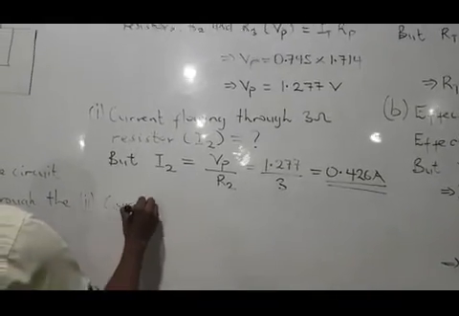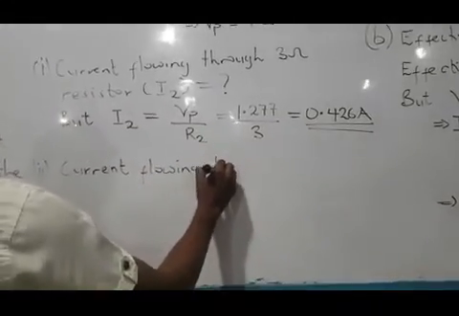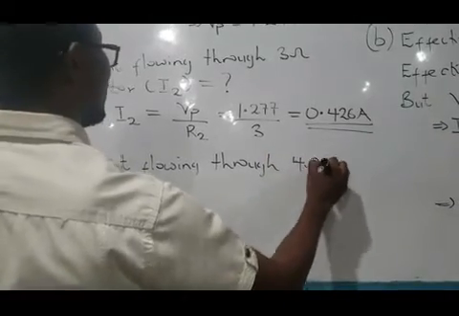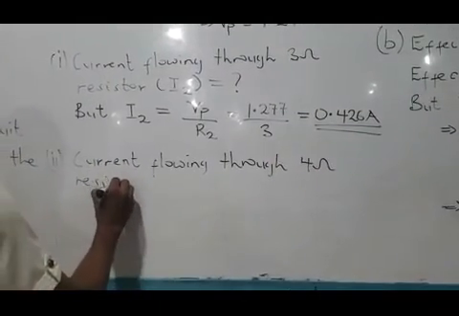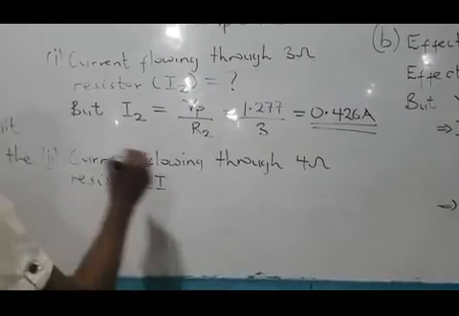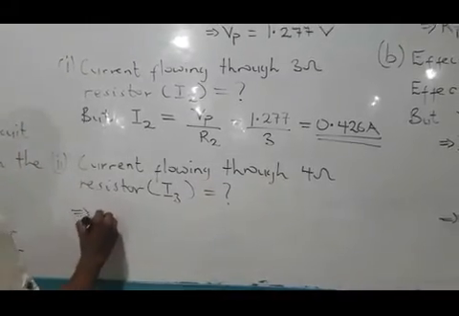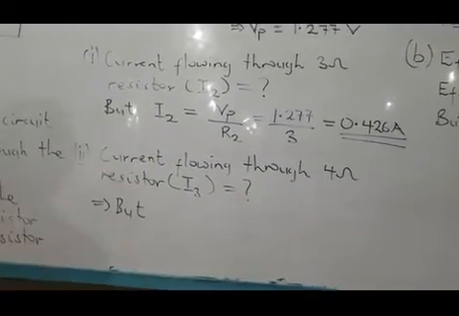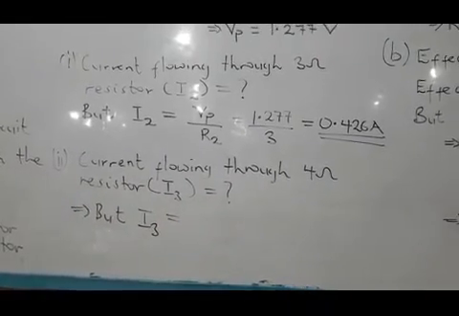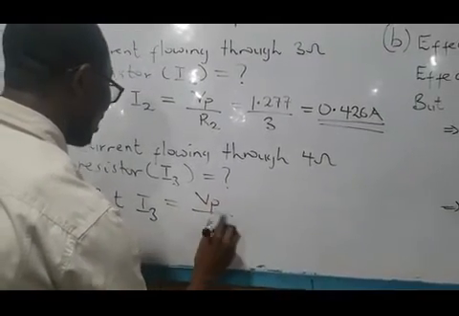Similarly, the current flowing through the 4 ohm resistor, the current is what you have labeled as I3. So just like we did for I2, your I3 will also be the voltage across R3, which is still equal to VP, over the resistance R3.